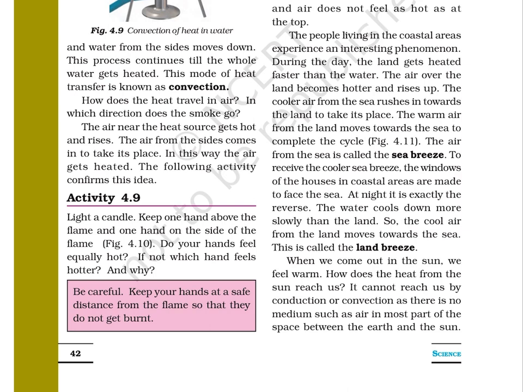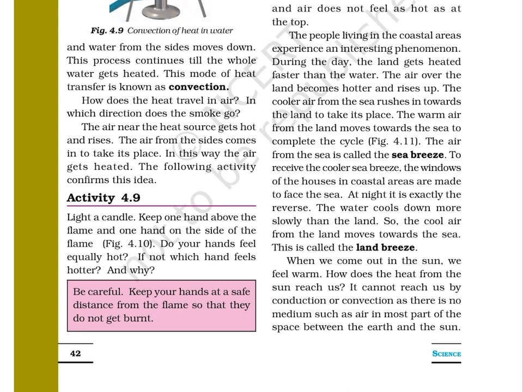The warm air from the land moves towards the sea to complete the cycle. You can observe this in figure 4.11. The air from the sea is called the sea breeze. To receive the cooler sea breeze, the windows of the houses in coastal areas are made to face the sea.